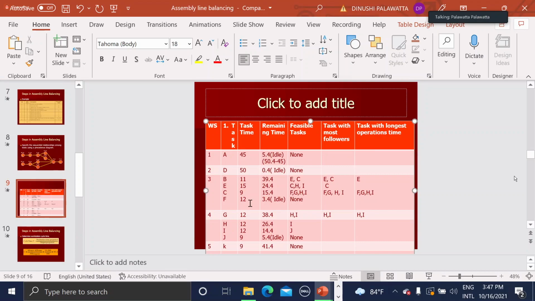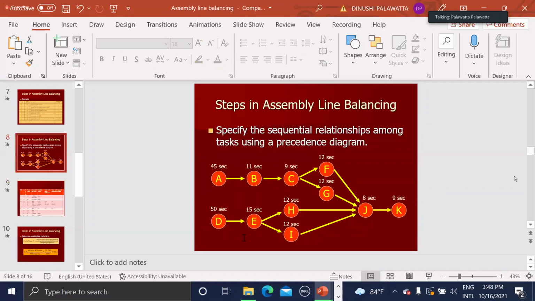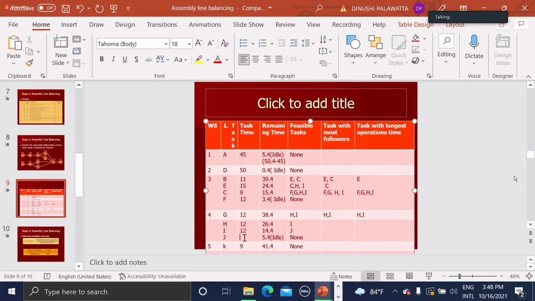You see, this is the work that is in the node. This time is 8. Okay, J's time is 8, so then it's 6.4. 14.4 minus 8 is 6.4.